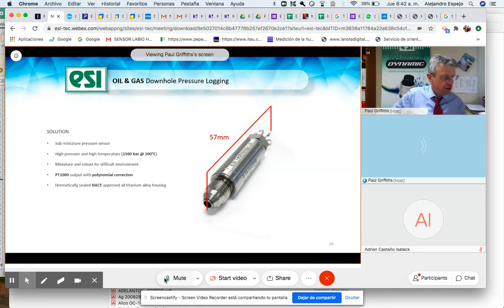What it does is, as you have temperature swings, the temperature's forever changing, the output stays very stable, so that when you read the pressure, it doesn't move around a lot.